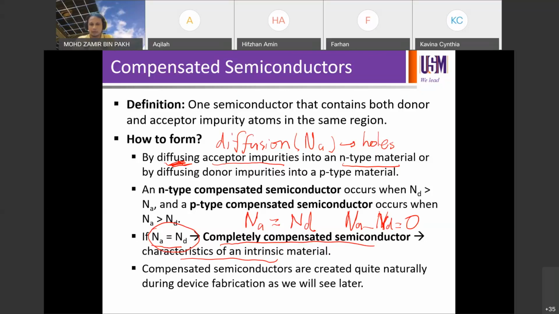Compensated semiconductors are created quite naturally during device fabrication, as we'll see later on. So for example, if you want to dope a semiconductor material, you start with an n-type silicon, for example, and you want to dope your top layer in the wafer to make it p-type.